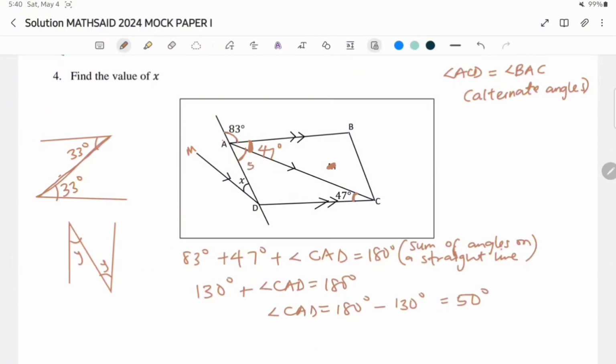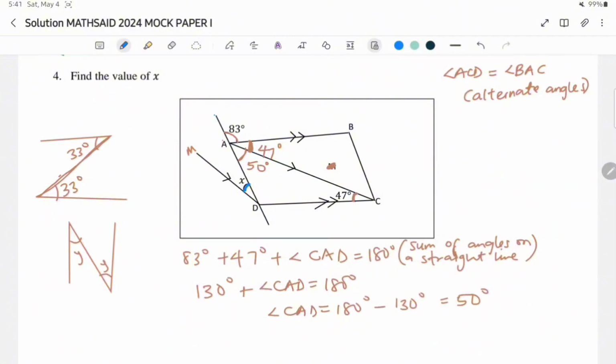So if this place is 50 degrees, now look carefully. Side AC is parallel to MD, right? So this line AD is serving as the transversal, and that means another pair of alternate or corresponding angles is formed. You will see that this angle here, which is CAD, is alternate to angle X. This is angle X, right?